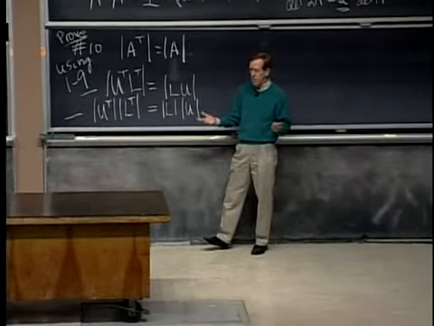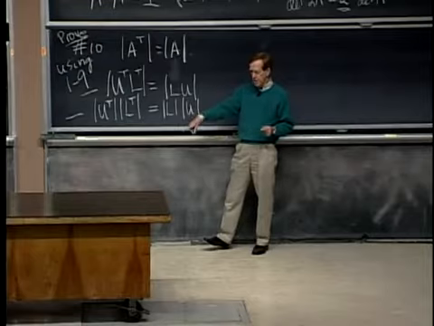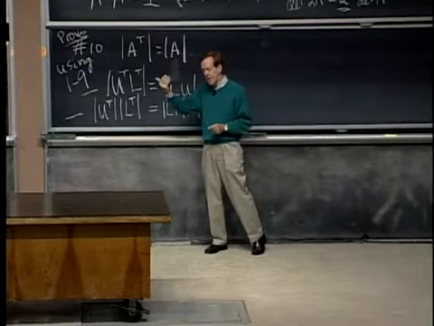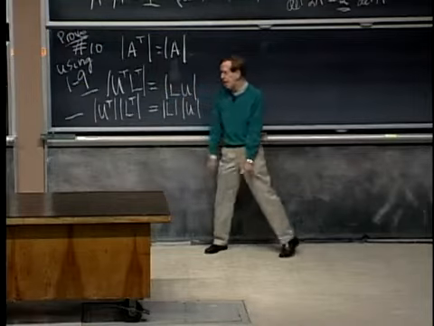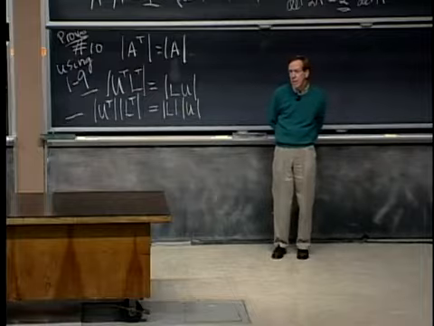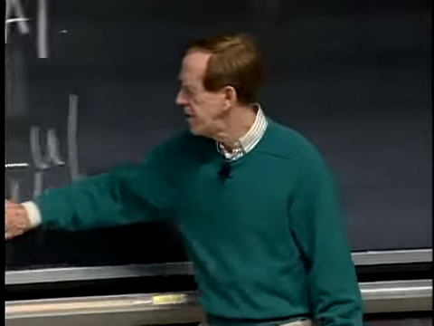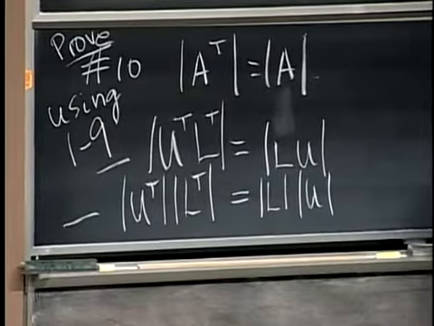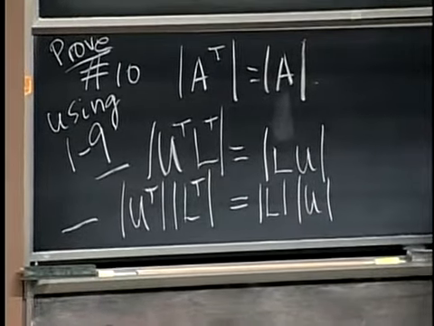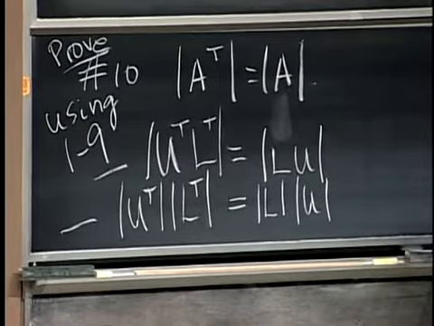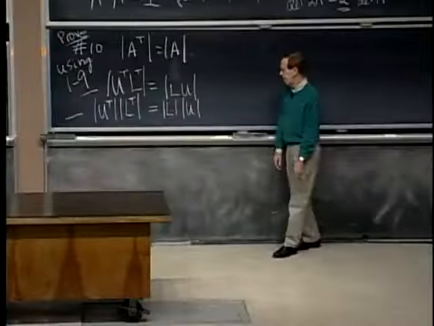That's triangular also, right? Still got those ones on the diagonal. It's just the non-zeros flip to the other side of the diagonal, but they didn't matter anyway. That's my proof, really, that once I've got triangular matrices, L and L transpose, or U and U transpose, when they're triangular, I'm down to the product of the diagonal, and if I transpose, who cares?